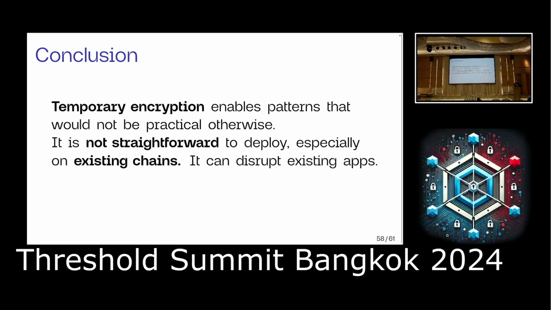But there are some challenges in implementing that, especially in existing networks, and it can disrupt existing workflows for applications. Two things that can help us do this better are cheap on-chain execution, so if the gas is cheaper and you have to pay for the re-encryption, and fast finality so that you have less latency.